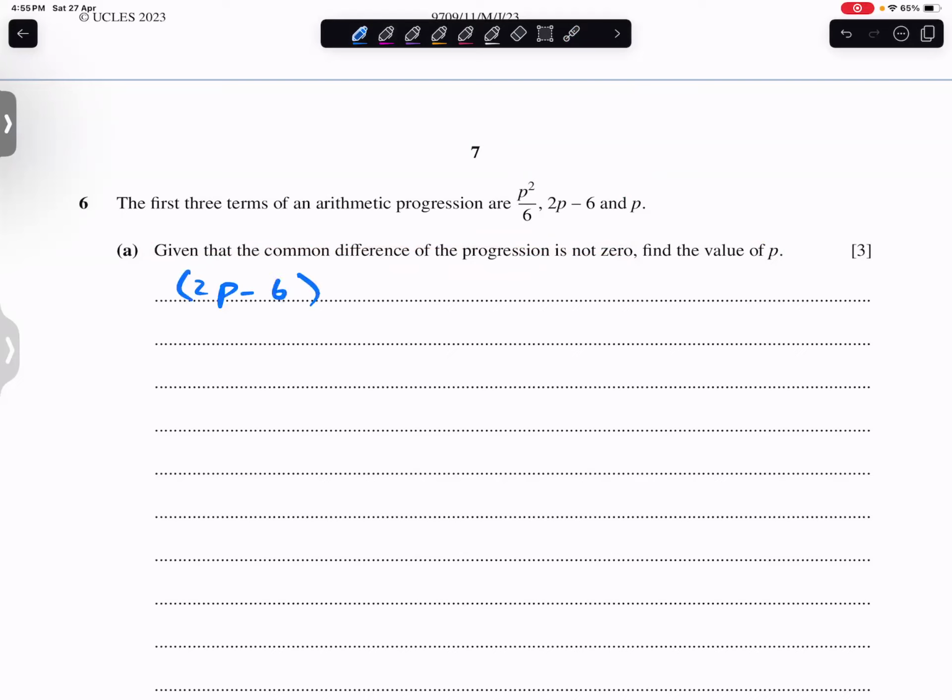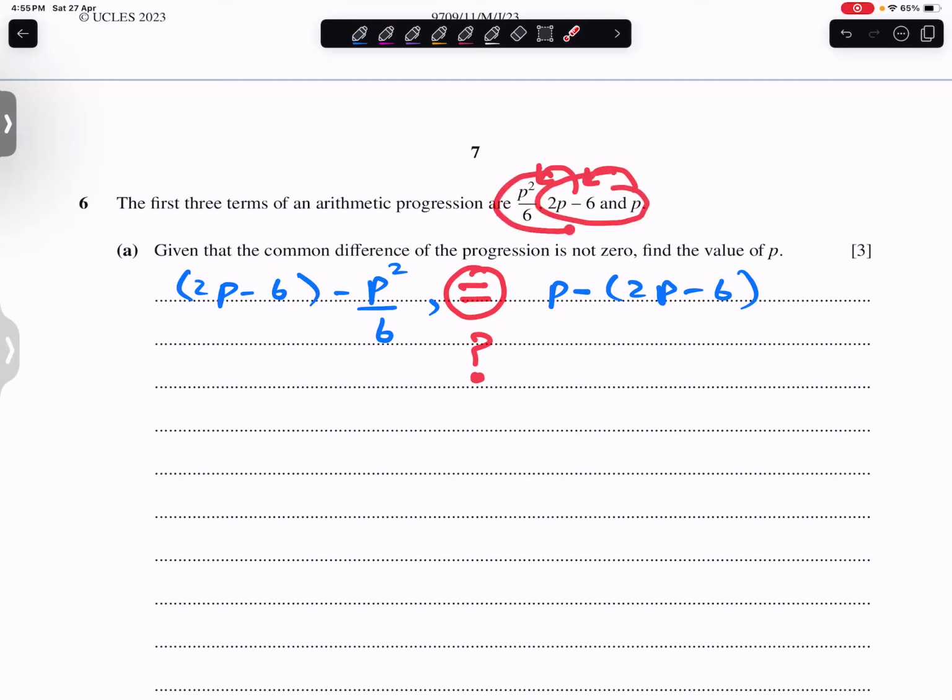If you take the common difference of the first two terms, or the common difference of the next two terms, what will you say, Ahmed? Are they equal or not? Whichever common difference you take, from these two or from these two, they will be the same because this is an arithmetic progression. So they will be equal, right? Is that clear?